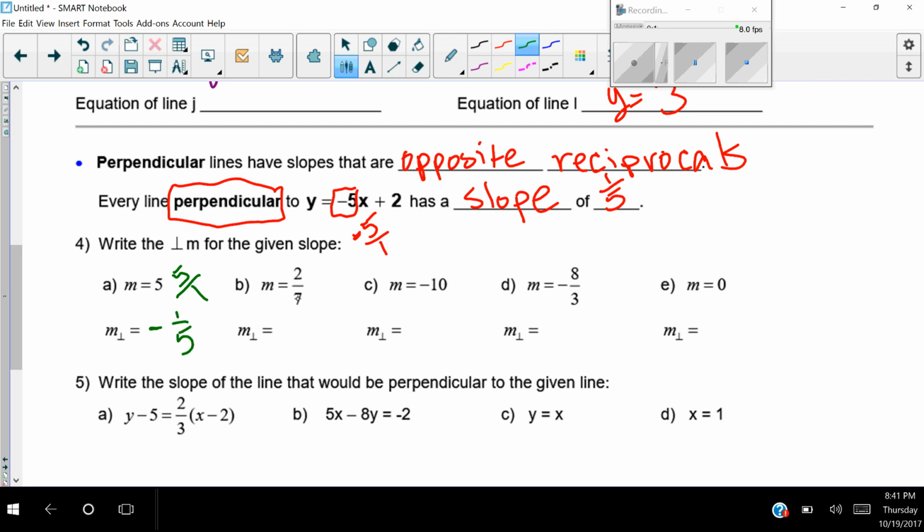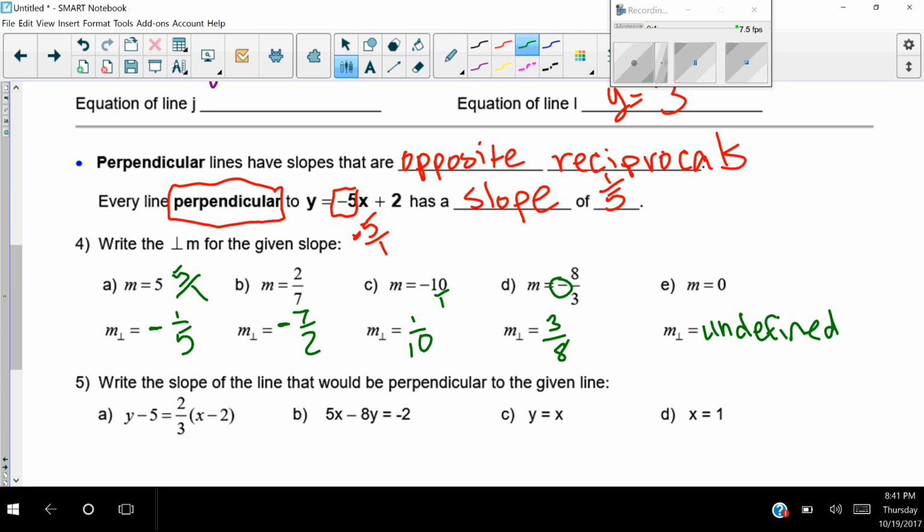For 2/7, the opposite is going to be negative, and then the reciprocal is 7/2. Negative 10, the opposite is positive, and 10/1 is going to be 1/10. Negative 3/8, the opposite is going to be positive, and then the reciprocal, 8/3. For 0, the perpendicular to 0 is undefined.